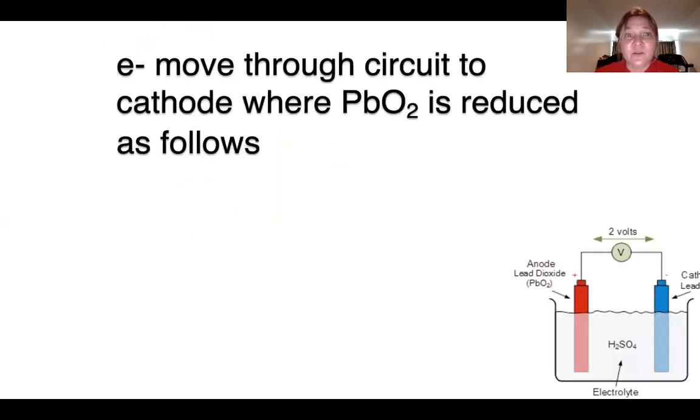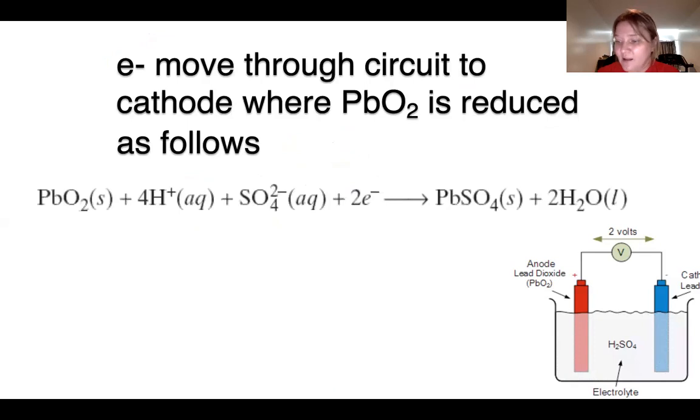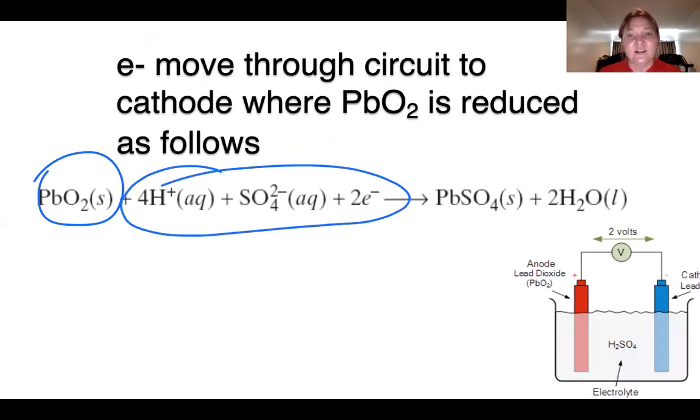Electrons move through the circuit to the cathode, where lead oxide is reduced as follows. So we have lead oxide, and it combines with the hydrogen, the sulfate, and the electrons to form lead sulfate and water. So again, here, lead is +4, and here is +2, that is reduction.